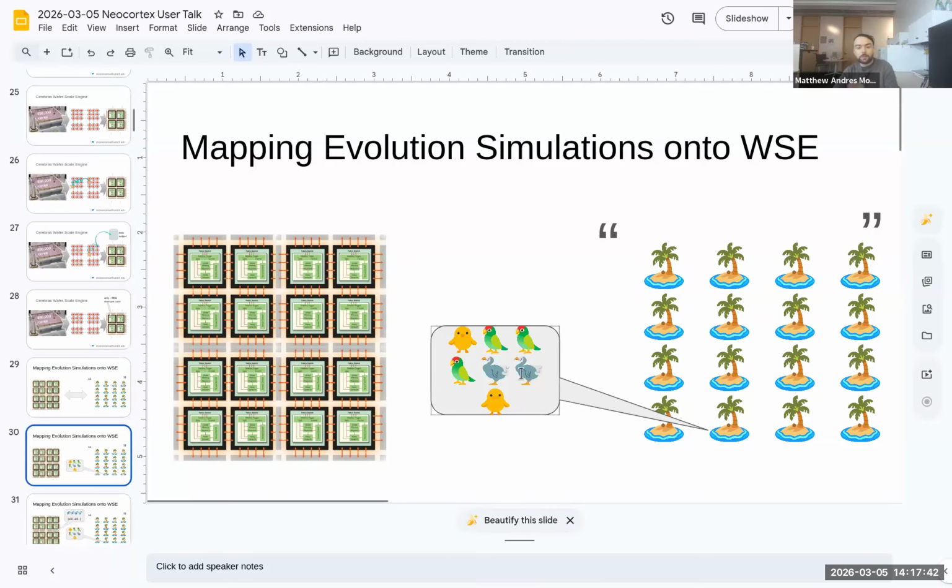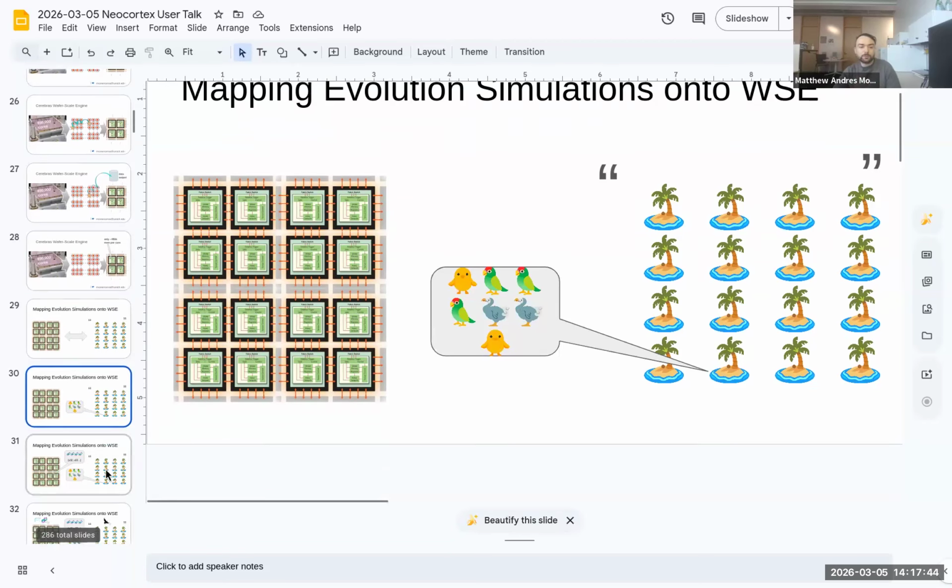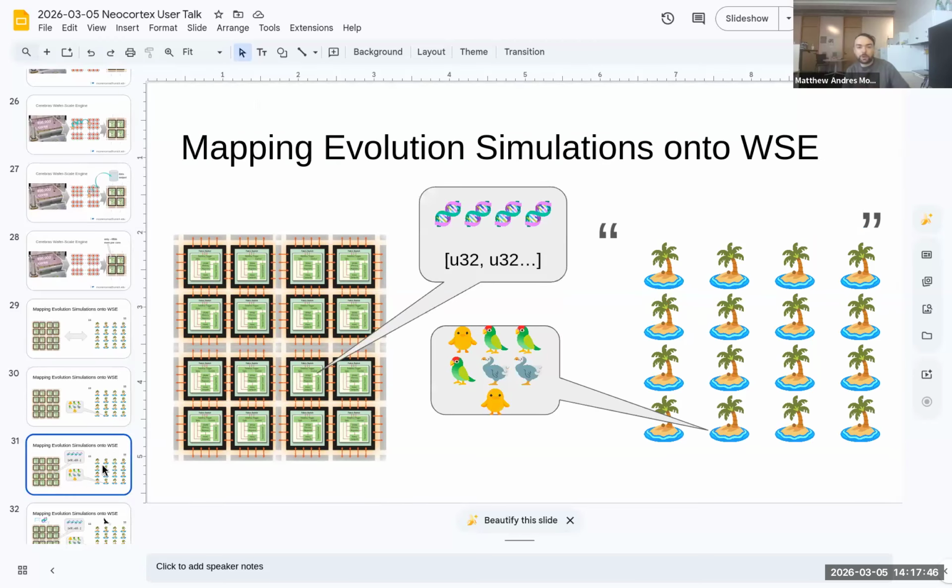Just like on an island, we might have a population of birds. On one of the processors in the wafer-scale engine, we'll have a set of genomes in the simulation, and each genome is just a fixed length array of unsigned 32-bit integers, with the composition and the length of that varying depending on what we need for the experiment.